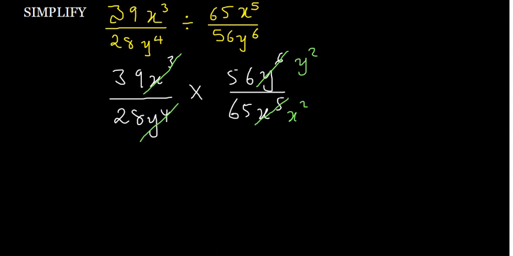And then you also look for a number that can go into 39 and into 65 without leaving a remainder. So basically what we are doing is that this 39 here, this 65, look for a number that can go into those two without leaving any remainder. So that is what we are doing.